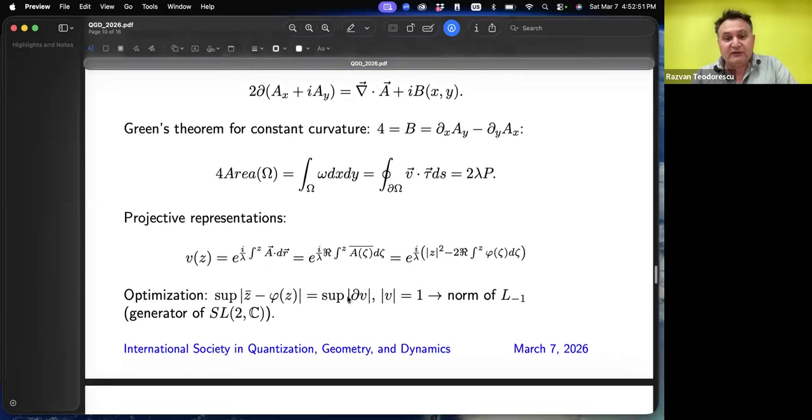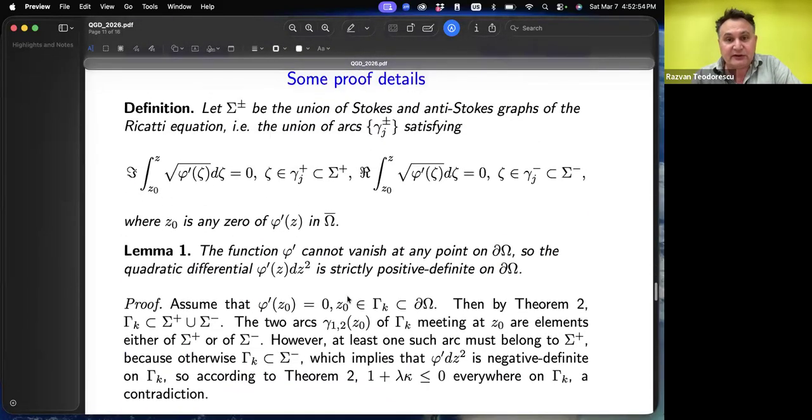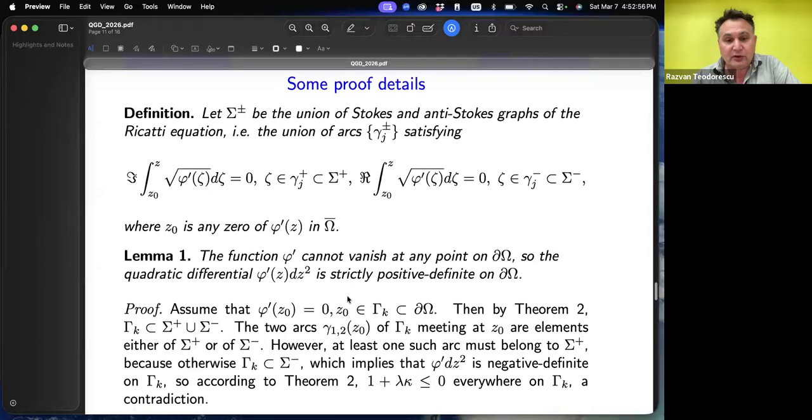So now let me just give you very briefly a glimpse into how the whole proof goes. It rests on a classification of quadratic differentials on finite genus Riemann surfaces provided through different results by Jenkins and Strebel.